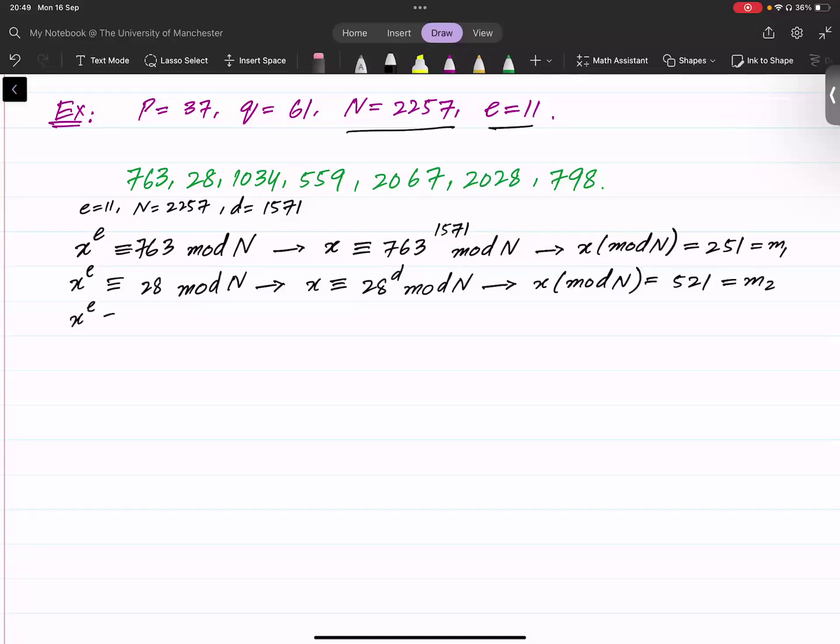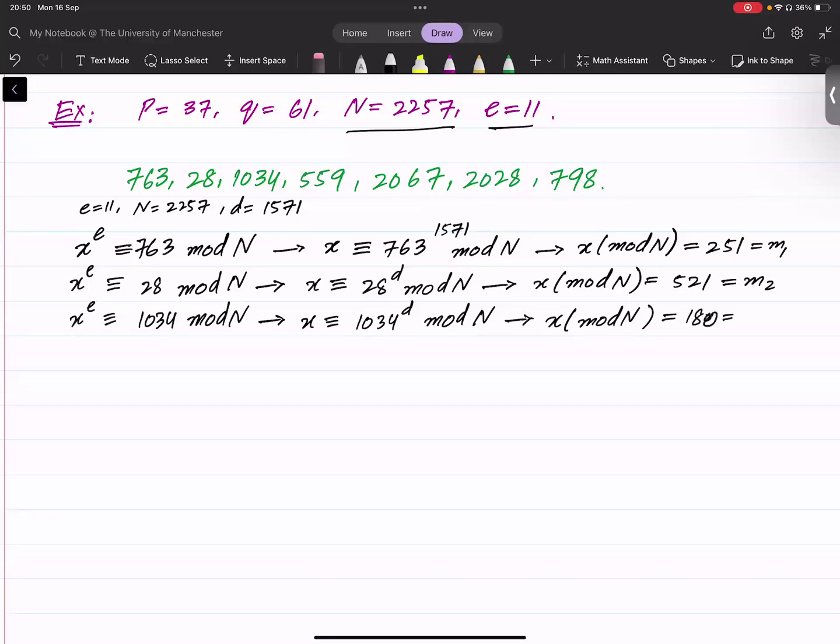Similarly, x to the power e is congruent to 1034 mod n, then x is congruent to 1034 to the power d mod n, and this is nothing but x mod n is 180, M3.